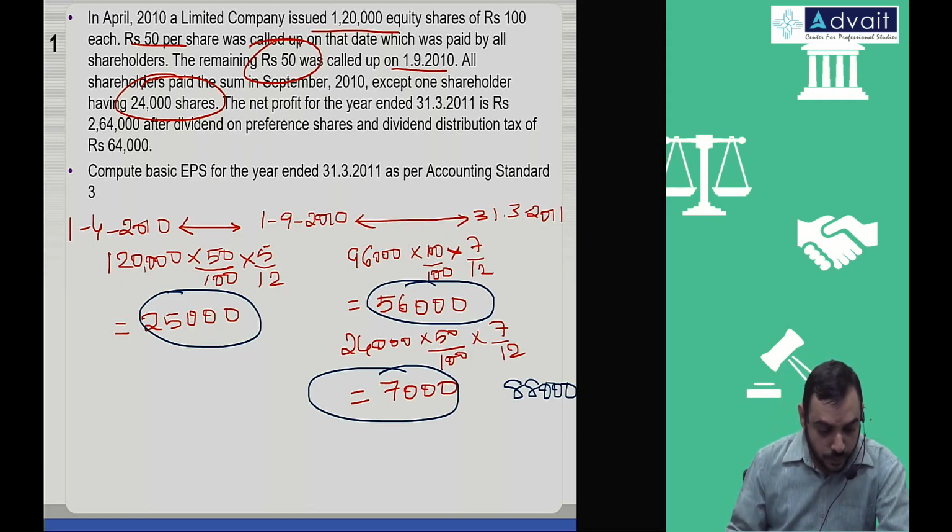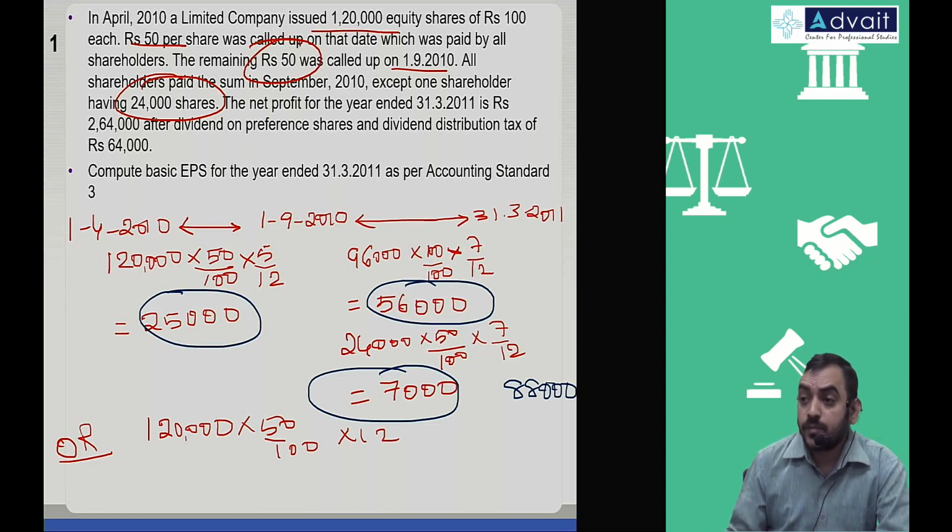You can also compute in one more manner. Consider 1,20,000 shares on which the first 50 rupees was paid throughout the year. So 1,20,000 into 50 by 100 into 12, so that number you can directly take as 60,000 throughout the year.